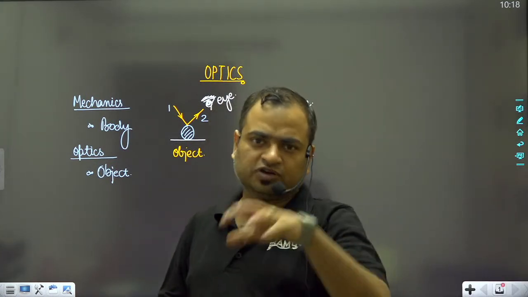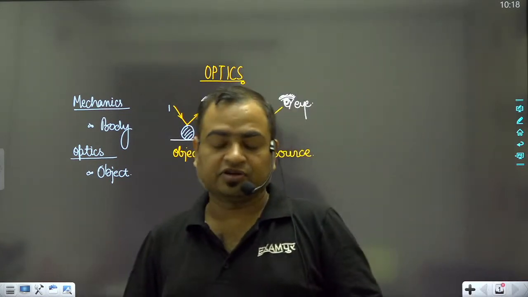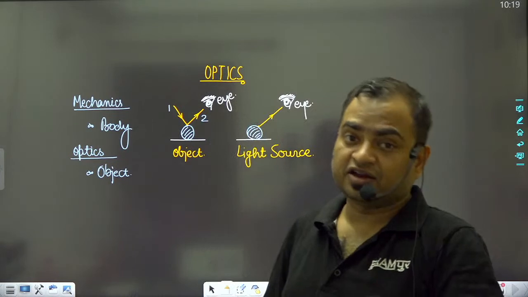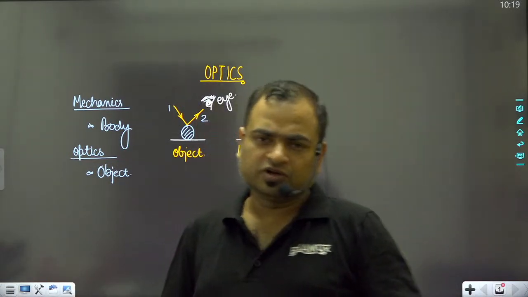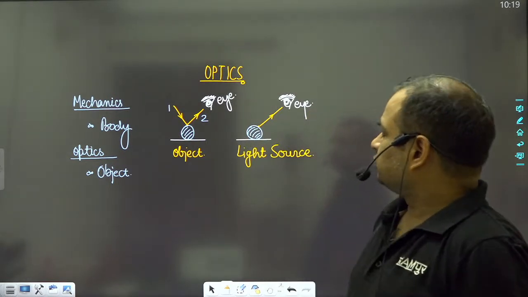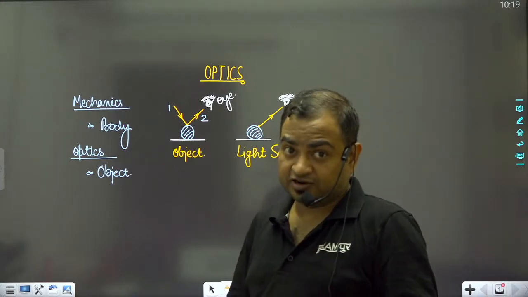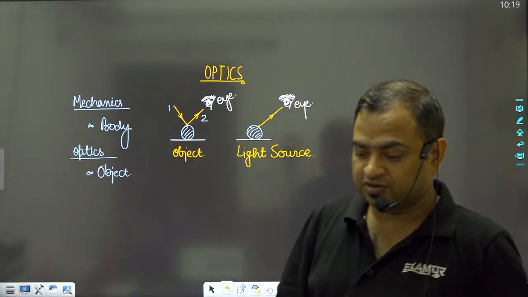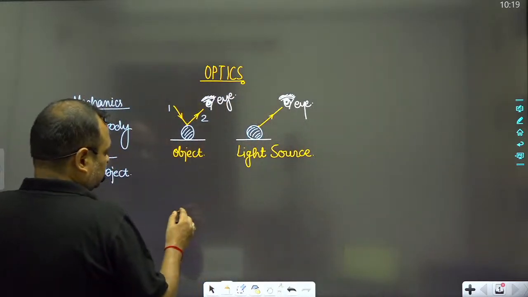We can choose any 2 colors among the 7 colors and make a different color. We can also make a different color by using 3 colors simultaneously from the 7 colors. So such types of combinations can be made. So if I see a colorful object, how is this possible? How do we see a colorful object?